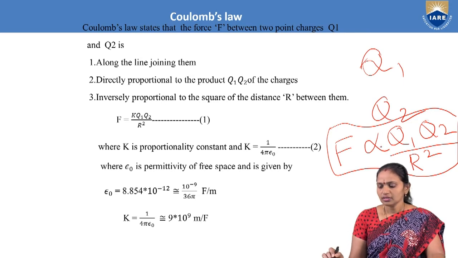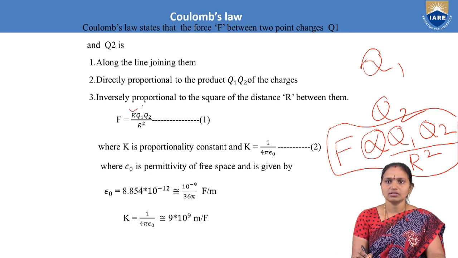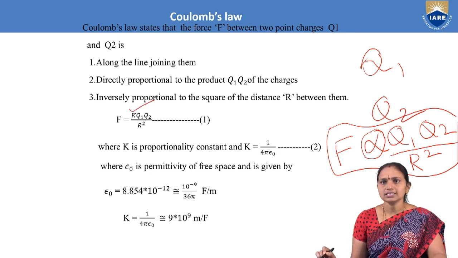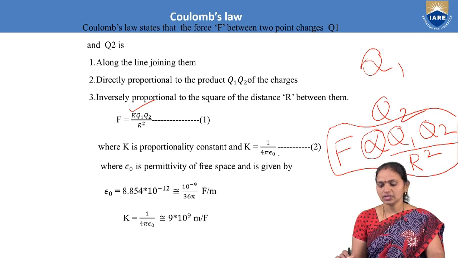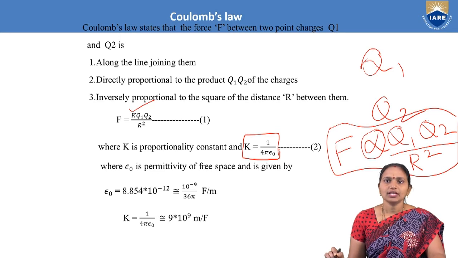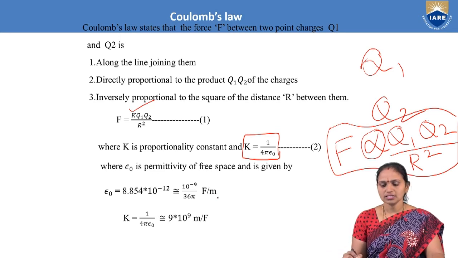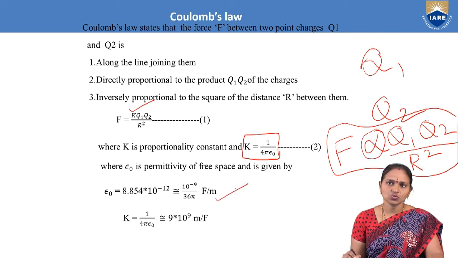Now we can replace this proportionality with the letter K, and it has some value. K is a proportionality constant. Its value is 1 by 4 pi epsilon naught. Here epsilon naught is the permittivity of free space and its value is 8.854 into 10 to the power of minus 12, and the unit for it is farads per meter.